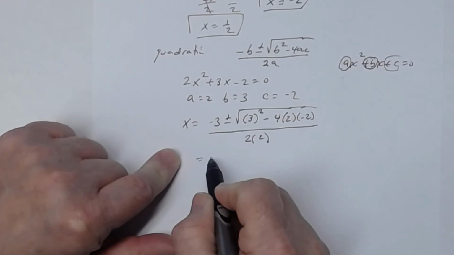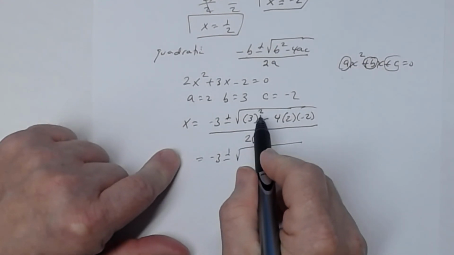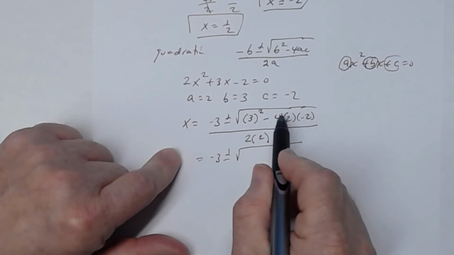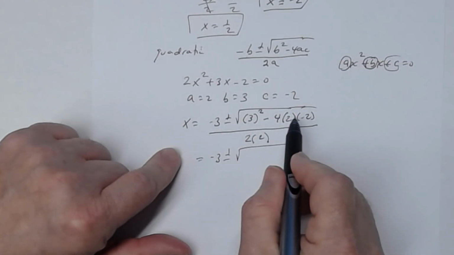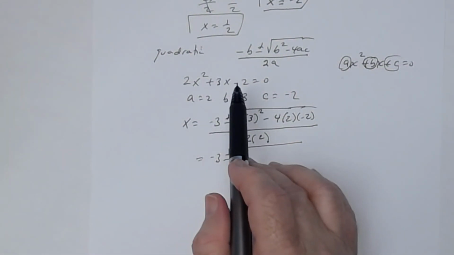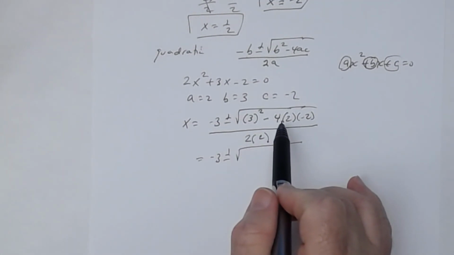Okay, let's go ahead and simplify this. So we get negative 3 plus or minus the square root of, and then we're going to simplify the discriminant. So the discriminant is the expression that's under the radical. With a quadratic equation, the expression that's under the radical is called the discriminant.